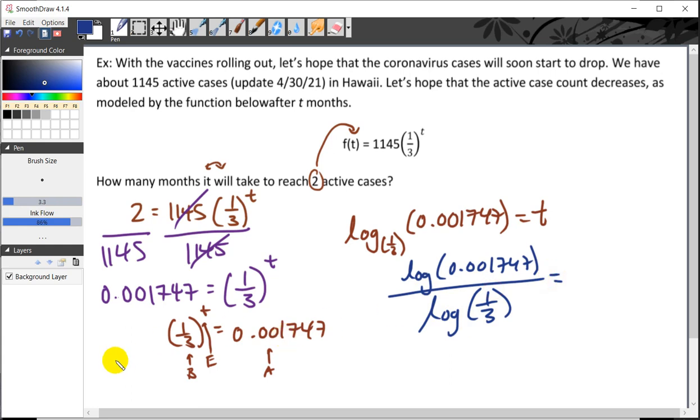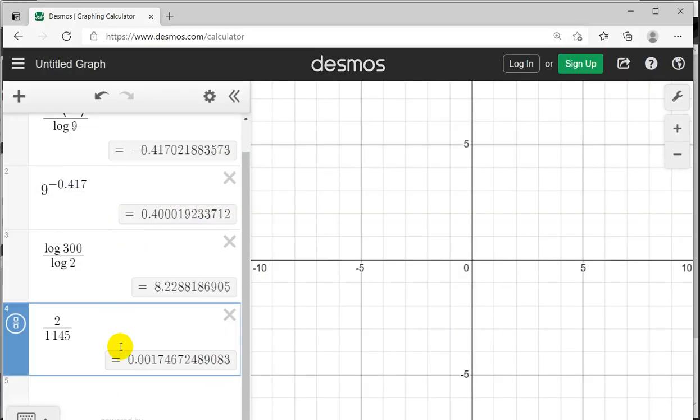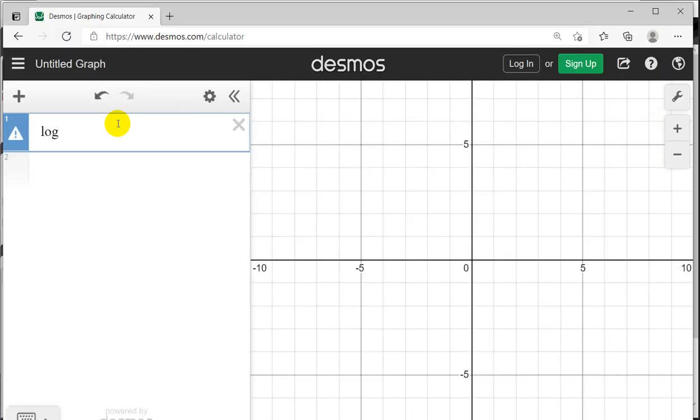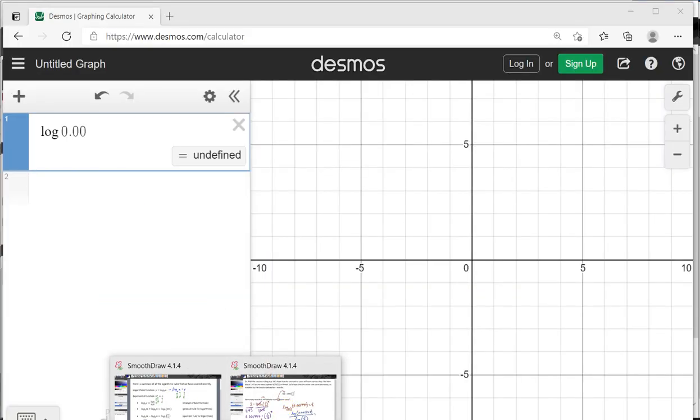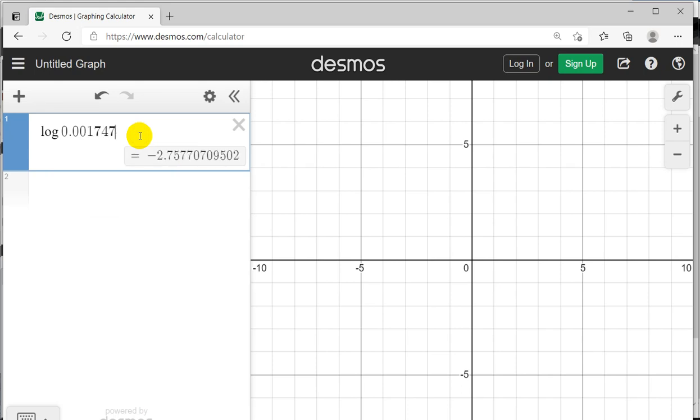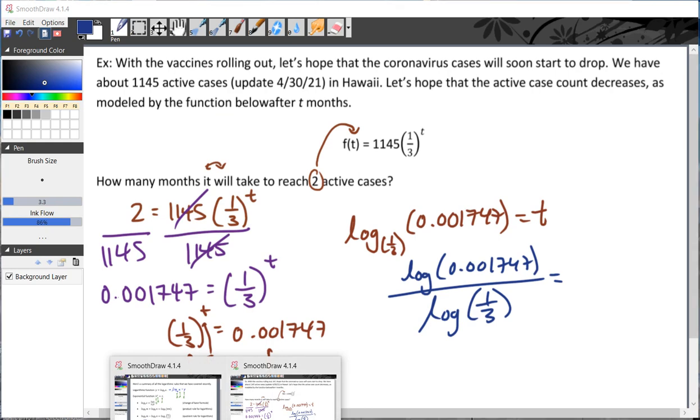So if we go ahead and do that, log of 0.001747 divided by log of 1/3.